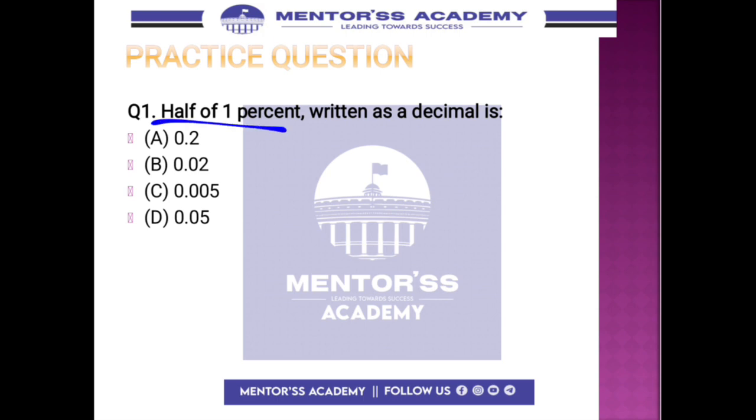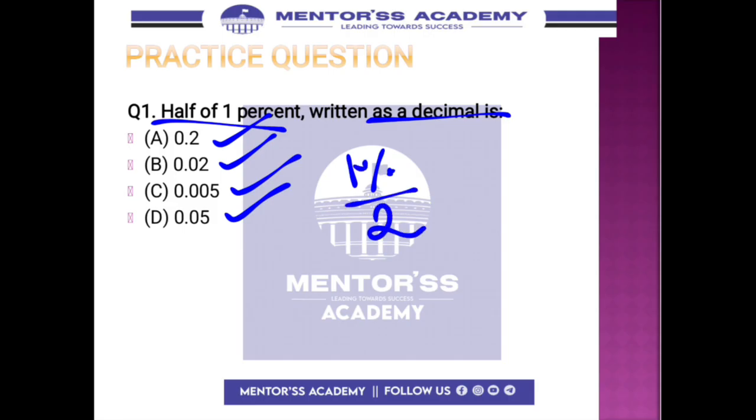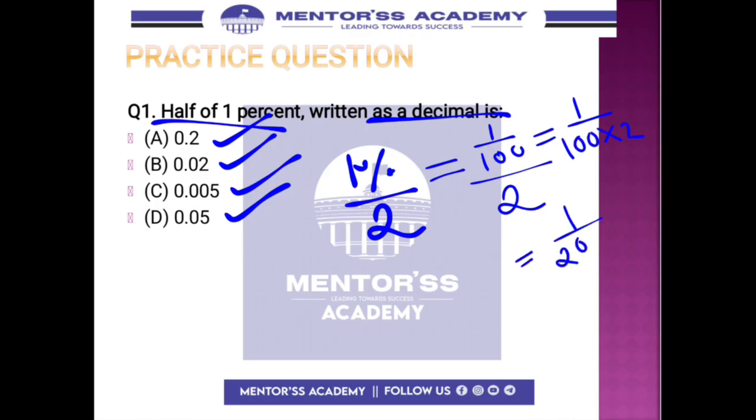Half of 1% written as a decimal is: 0.2, 0.02, 0.005, 0.05. It's a very basic question just for your understanding. Let's solve this. Half of 1% is 1% by 2. 1% is written as 1 by 100, by 2, that is 1 by 100 into 2, that is 1 by 200, which is equal to 0.005.